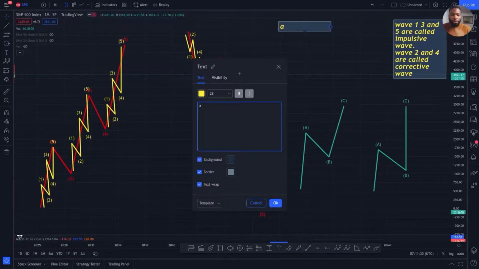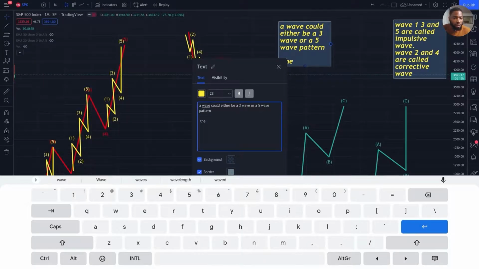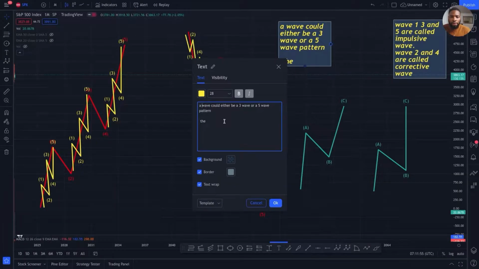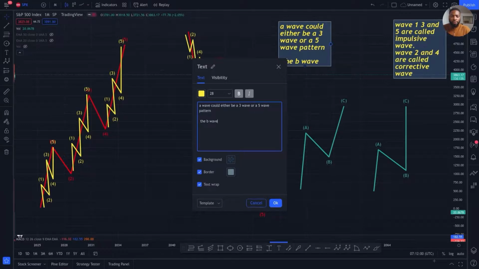Now, the A wave could either be a 3-wave or a 5-wave pattern. The B wave is always a 3-wave pattern.